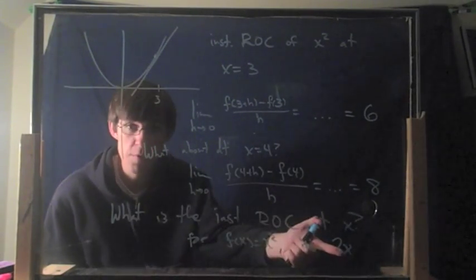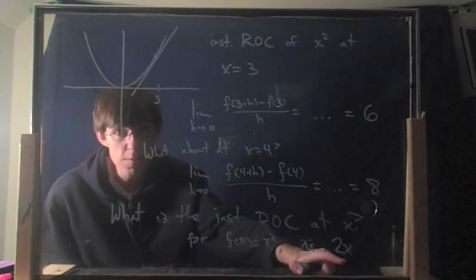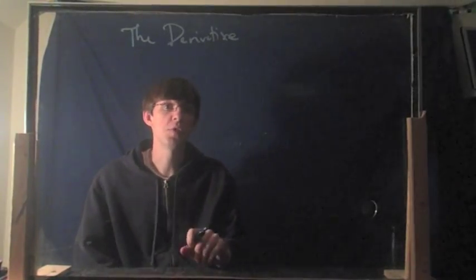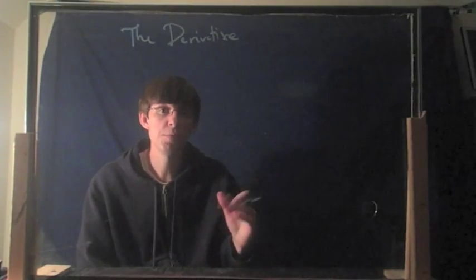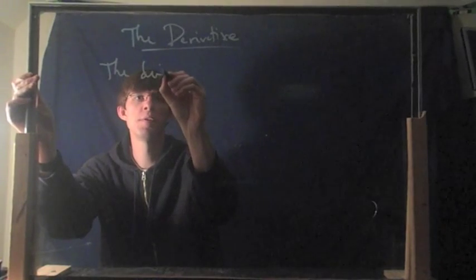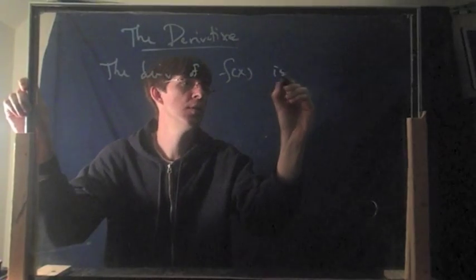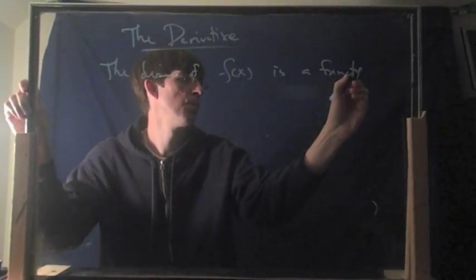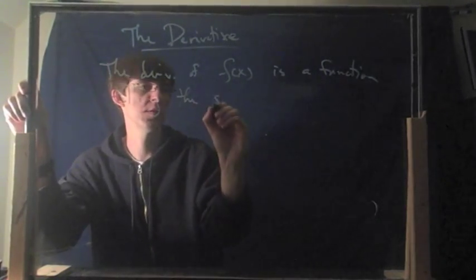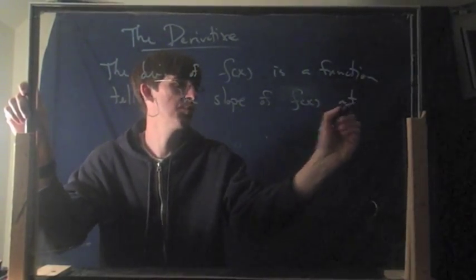There's actually a name for this function. The first function is x squared. This other function is called the derivative. The idea is you start with some ordinary function, and the derivative of your first function f of x is another function telling the slope of f of x at each point.